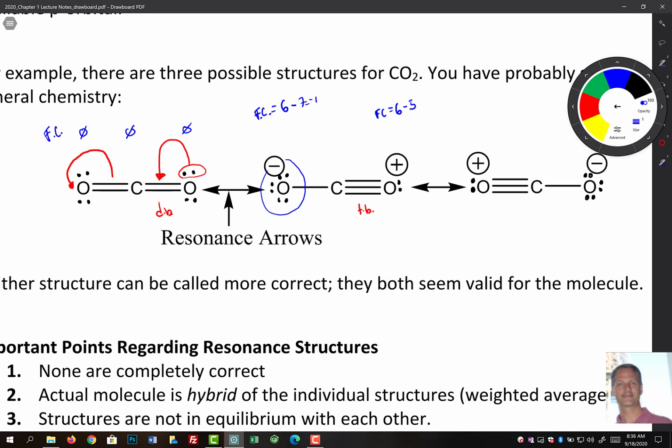Going from this intermediate middle structure to the structure on the right-hand side, we need to do another electron flow. We're taking some electrons at the end and moving them over to this position. So 2 lone pairs here have been converted into another bond.